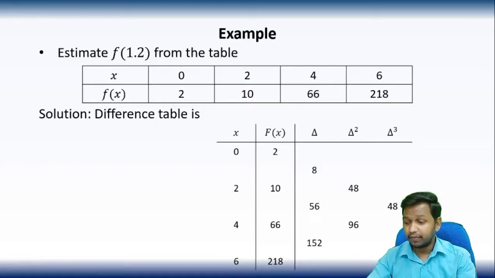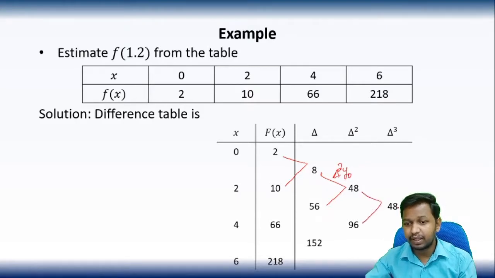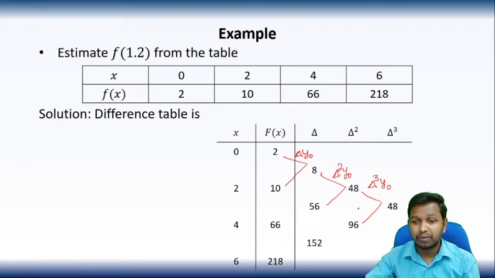Here for functional values 2 and 10, the difference gives us delta y naught, that is 8. Similarly, the difference between 8 and 56 gives us delta square y naught, and the difference between these two is delta cube y naught. These values are very essential to evaluate the functional value using the Newton-Gregory forward difference interpolation formula.